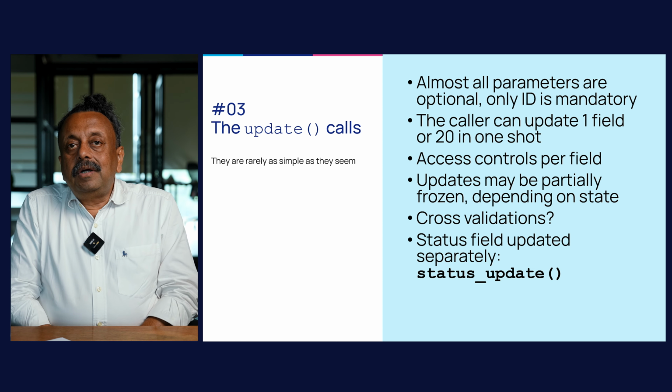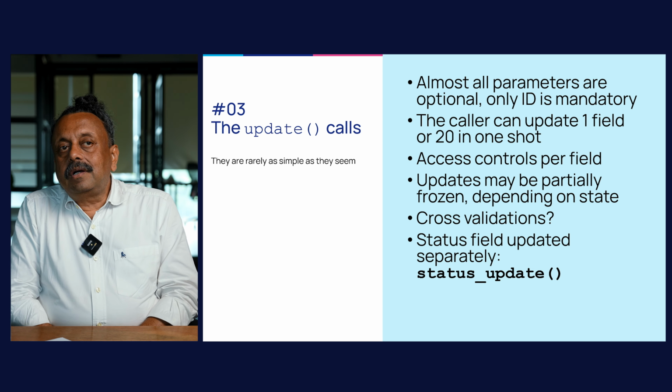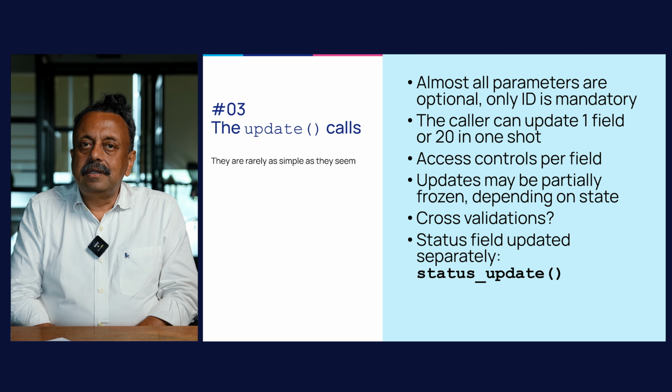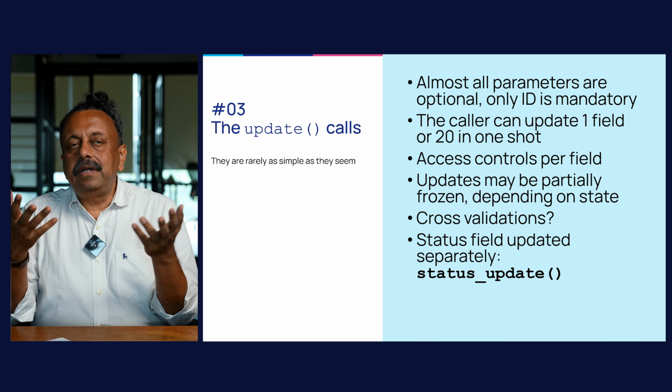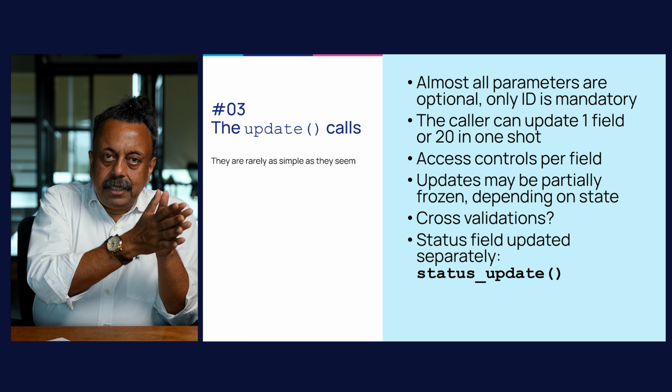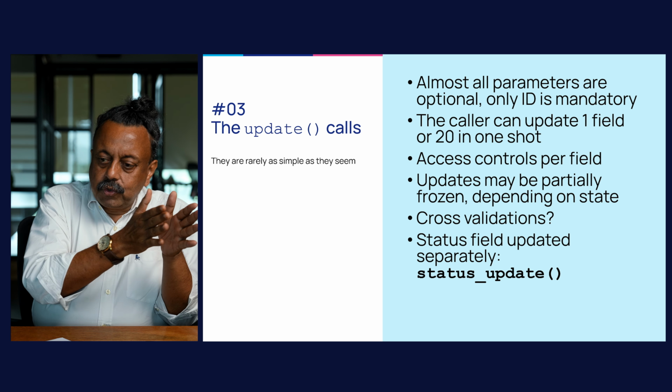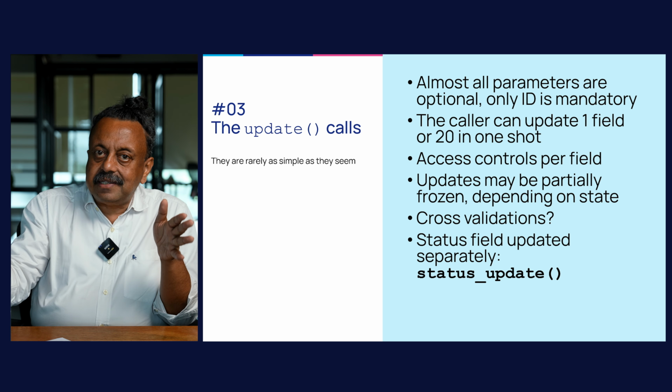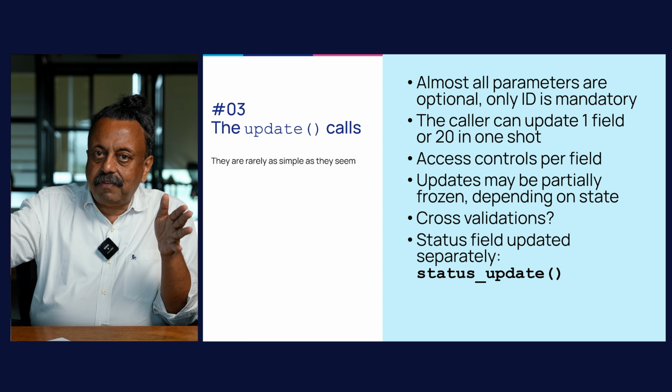Now, one should not confuse updating of ordinary attributes with updating of status. When an object status is being updated, very often it is in business applications where a particular object goes through a sequence of statuses and arrives at a certain final status.